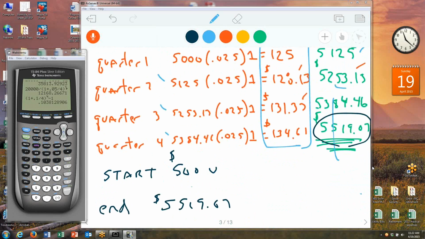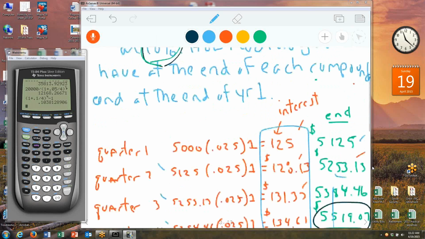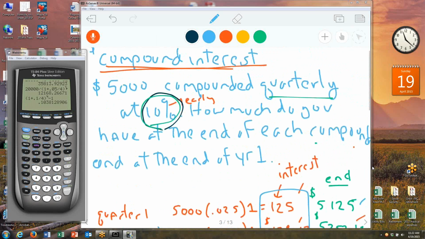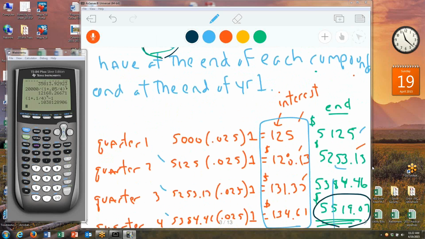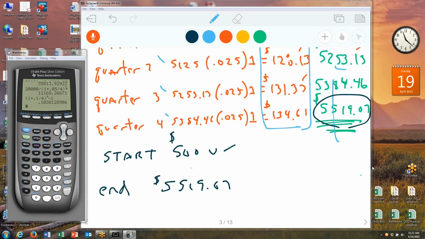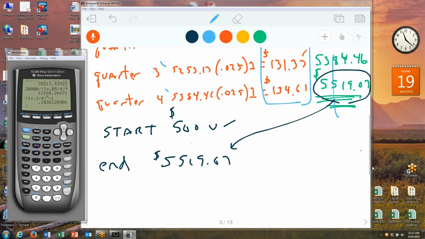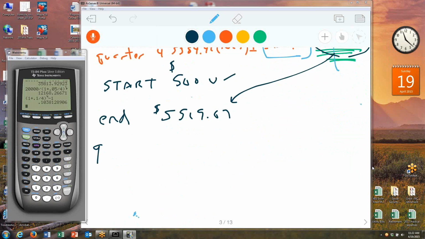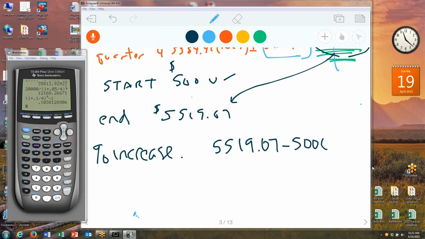And just to show you something else, let's see if this works. Remember in this example we looked at, it was compound interest, compounded quarterly at 10%. We started with $5,000 and we ended up with $5,519.07. If I find the percent increase, we know it's not 10%, because 10% would be the 5,500. We take what we ended up with, minus what we started with, divided by the original.